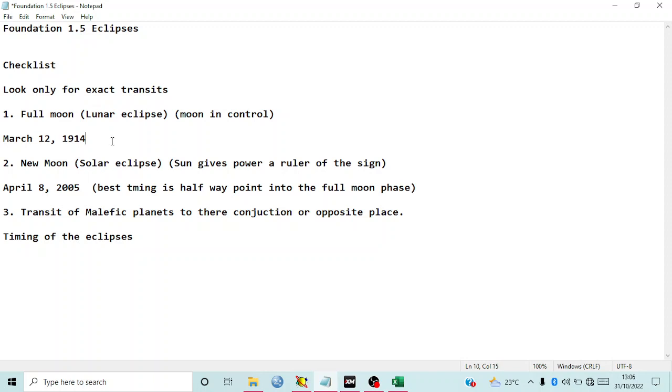So the best timing is halfway point into the new moon, right?